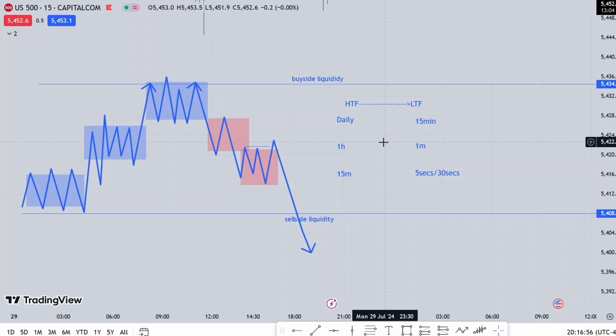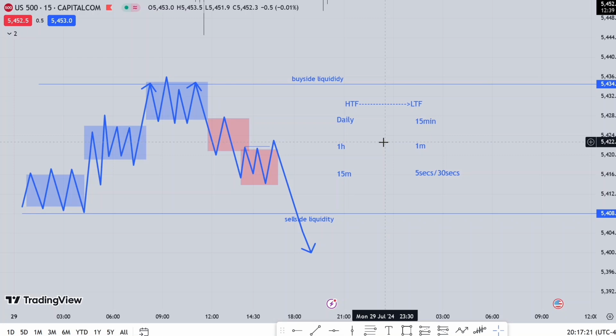While if you are a swing trader, you focus on the monthly and the weekly time frame as your higher time frame, and then use the daily and the 4 hour as your bellwether chart as your lower time frame for looking for a fractal nature of the market maker models which was formed on that higher time frame.